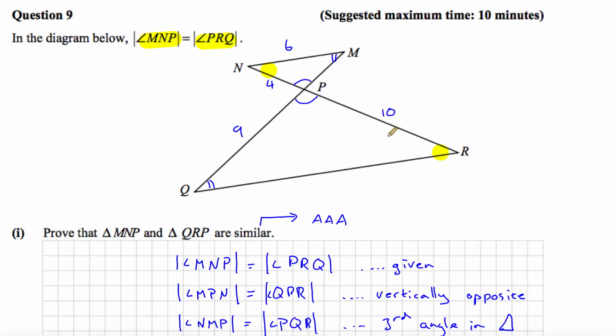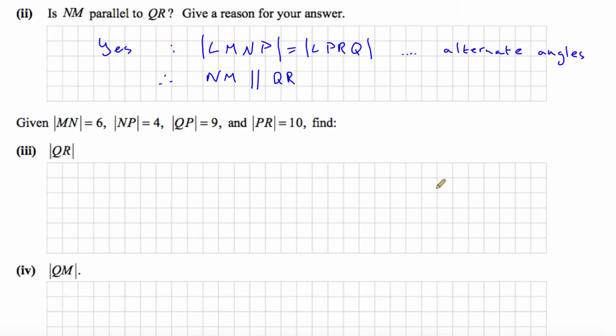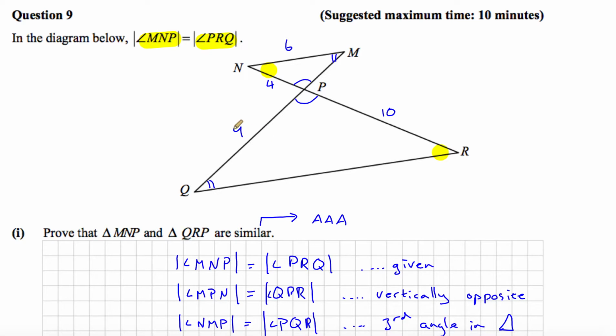Okay, so when you're doing similar triangles, it's a good idea to rotate the two triangles so that they're oriented the same way. So I'm going to do that over on the next page. I'm going to do QPR as it is, with 9 and 10.